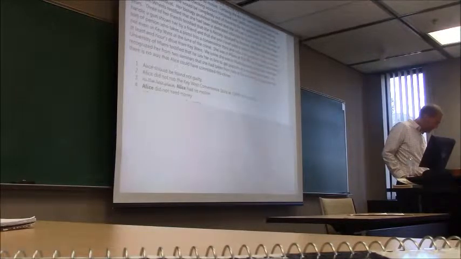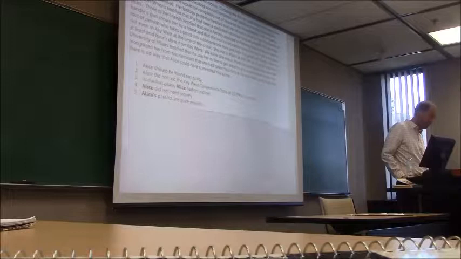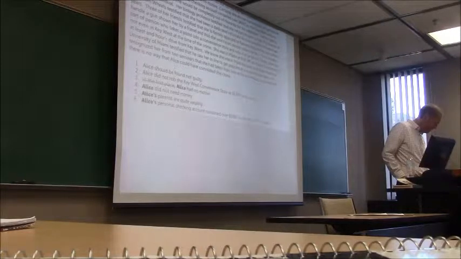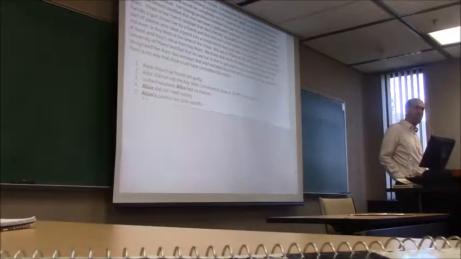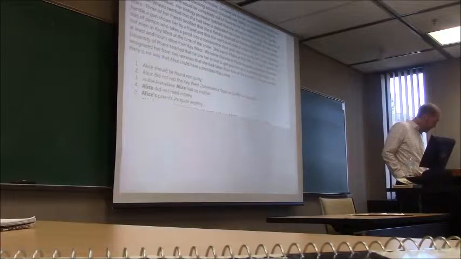Don? Alice's parents are quite wealthy. Yep, lucky Alice. Next one, Kyle. The crime of robbing the Key West convenience store wouldn't be completely out of character for Alice. Wait a minute, you skipped over something. Oh, wait. Alice's parents are quite wealthy. Oh, sorry. Alice's personal checking account contained over $8,000 on the day of the robbery.